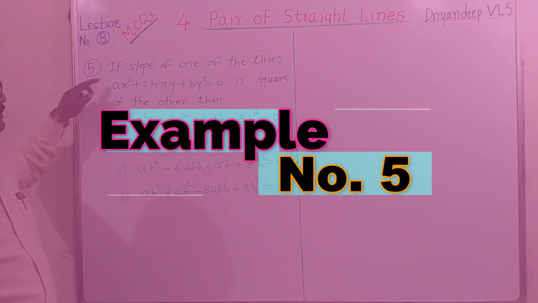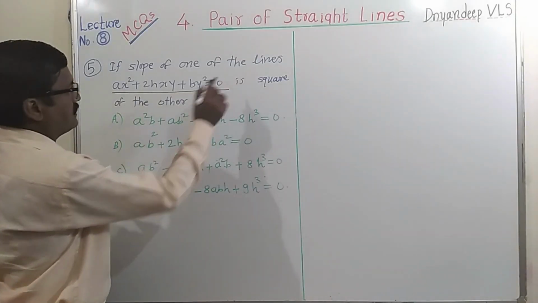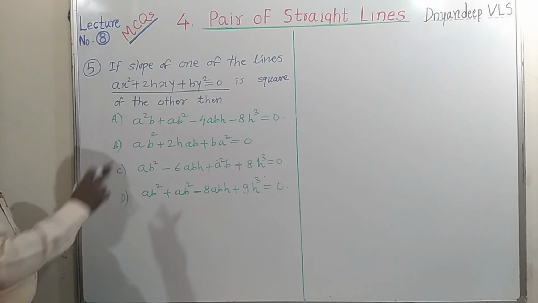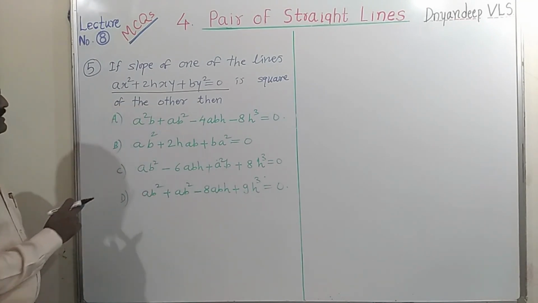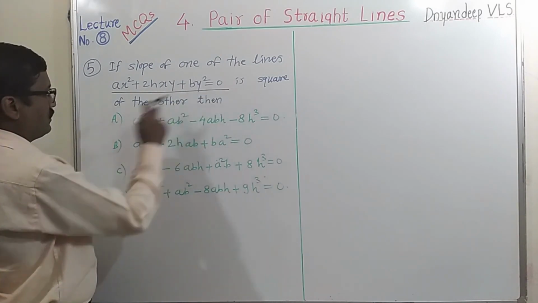If the slope of one of the lines, this is the combined equation of pair of lines passing through origin, is square of the other. Condition is given, slope of one of the lines is square of the other.